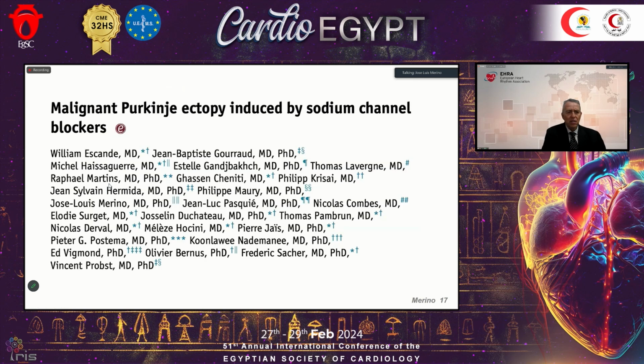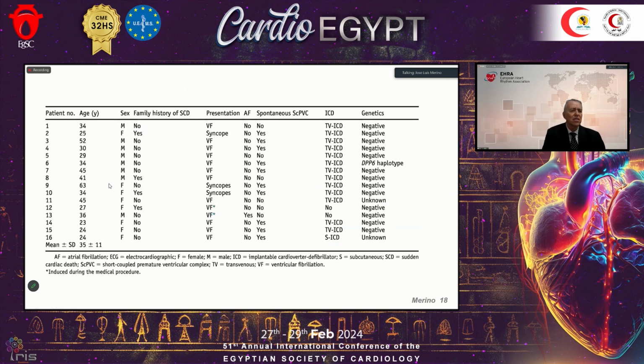More recently, this was published in the Heart Rhythm journal in 2022, if I remember it well. I contributed to this paper as well. What we found, in a series of 60 patients with idiopathic VF, after having all tests done, nothing was clear.